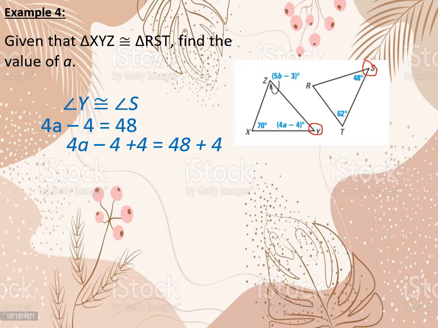Applying the addition property of equality, we add 4 to both sides. Therefore, 4A is equal to 52.